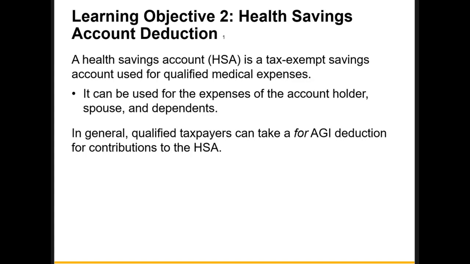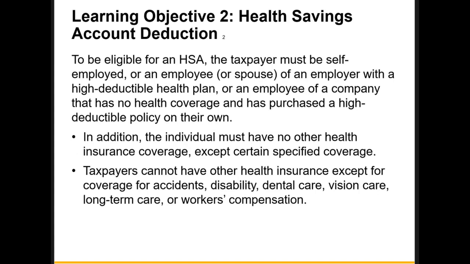You can do that if you qualify when you put money into this plan, but you are only eligible if you are self-employed or an employee of an employer that has a high deductible plan or no health coverage at all when you purchase. So you have to have no other basic coverage except for a high deductible plan, either through your employer or yourself.